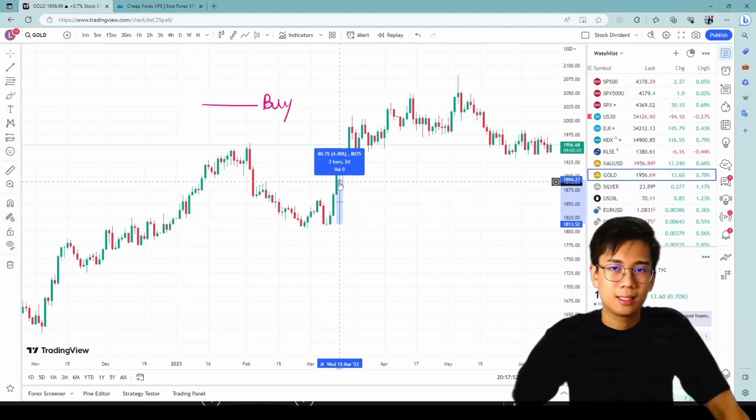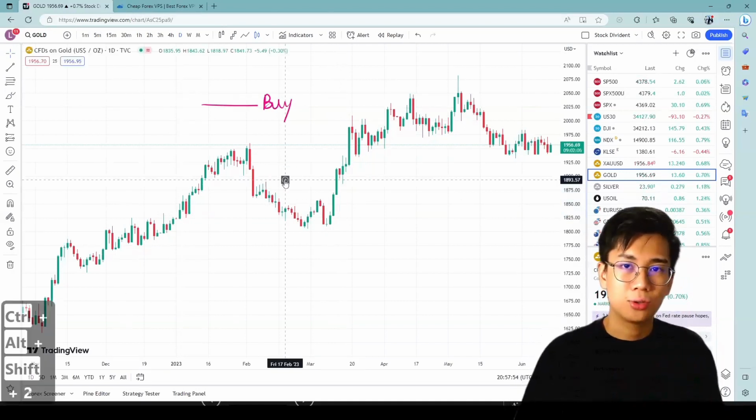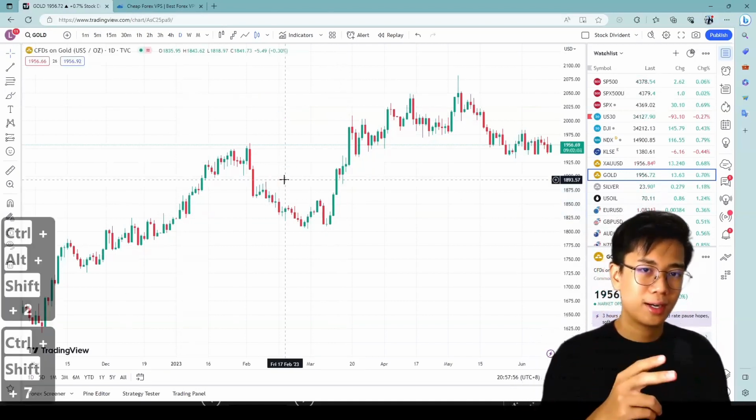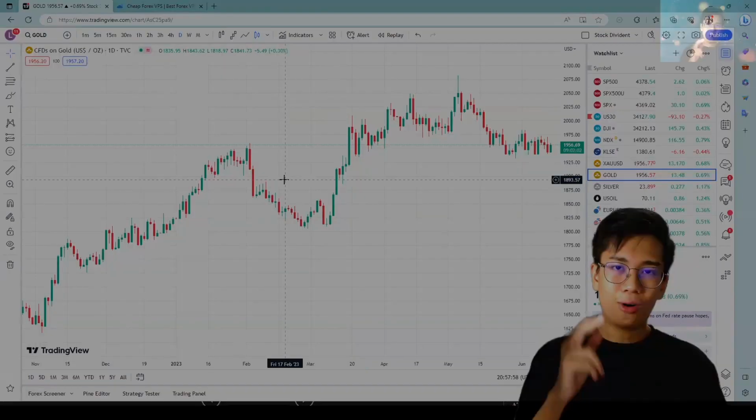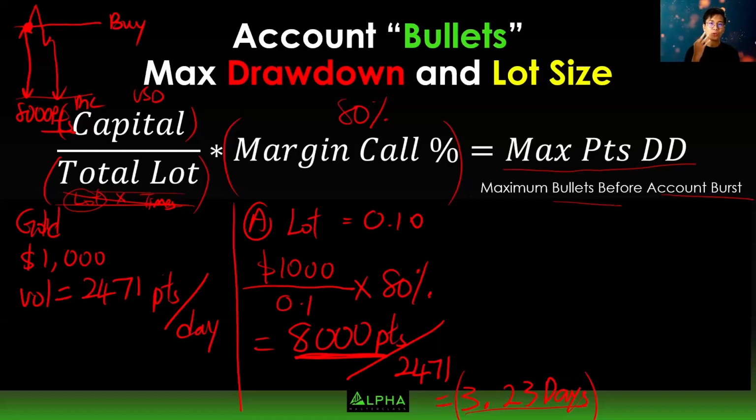So that's why I said, in the gold market, to reach 8,000 points all it needs is about 3 days on average to cause you to be margin call, if you are using 0.1 lot, the usual standard. And that is also the reason for your margin call.